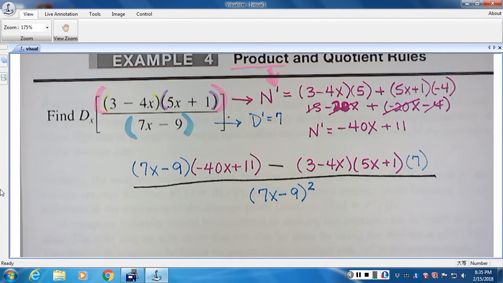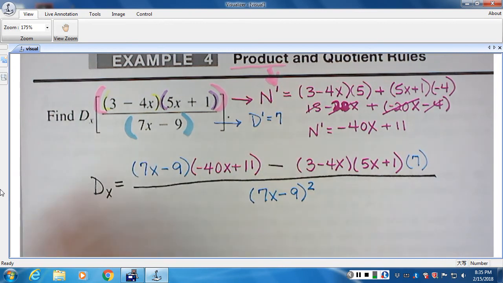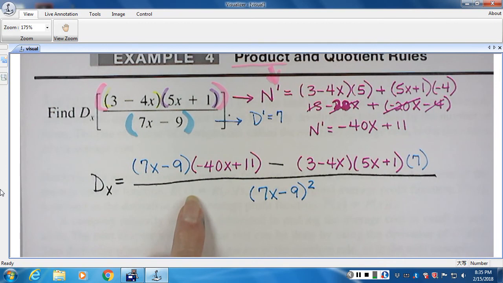And you are. Now, if you want to simplify it, go ahead. I'm not going to. Simplified answers are in the book. If you can do this one, you can do just about anything. Okay?